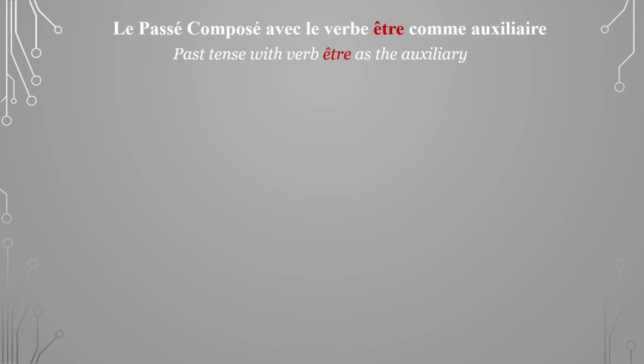So let's have a look at some sample sentences where verb être is being used as auxiliary. Je suis allé. Verb être in the present tense and verb aller, which means to go, in the past participle. Elle est arrivée.